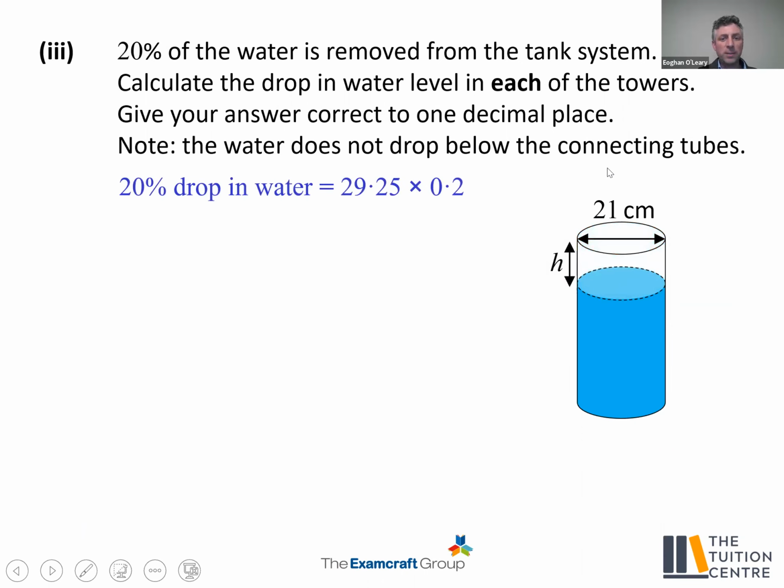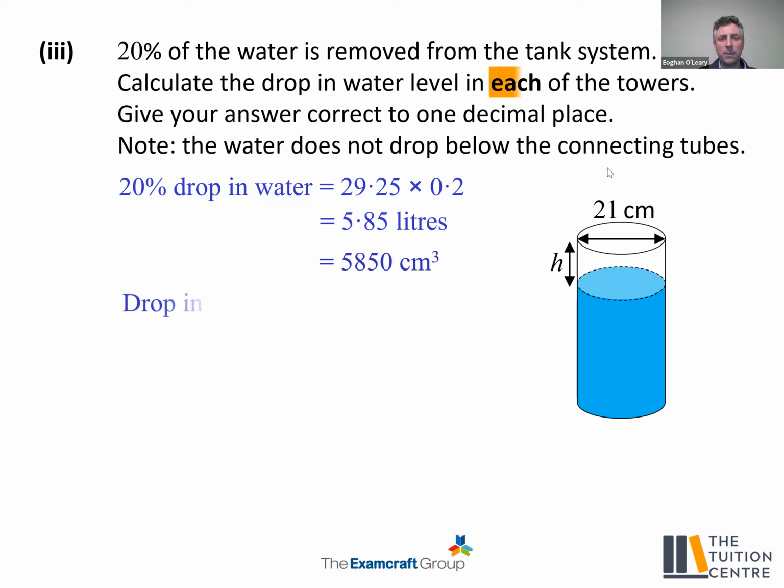There's a 20% drop in water, so 0.2 times 29.25 is going to be 5.85 liters, which is 5,850 centimeters cubed.